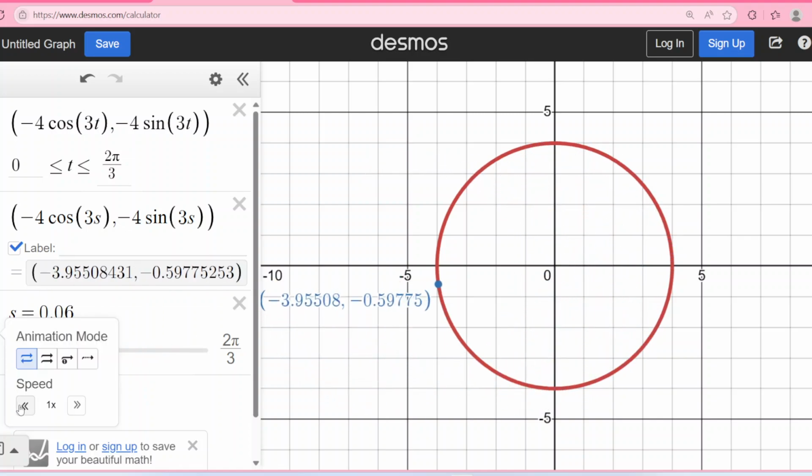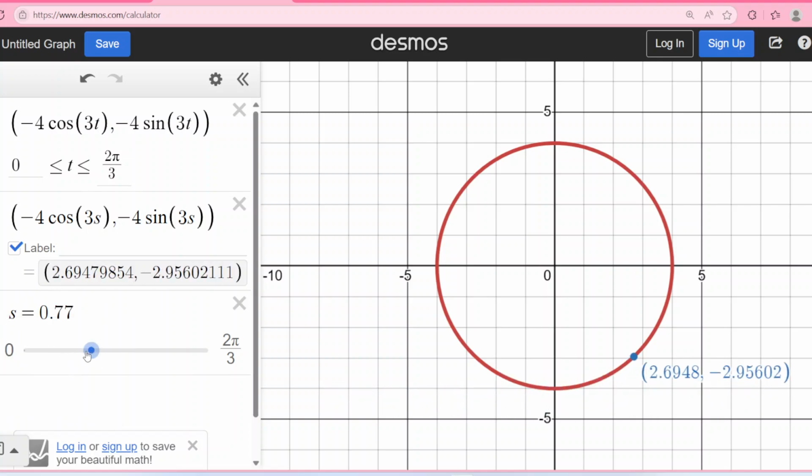Now I'm going to slow it down a little bit. Go back to 0 and hit play again. So you can see the point moving along this curve, tracing this curve out as the value of the parameter goes up. Right. So this is the motion being described by our parametric equations, this circular motion.